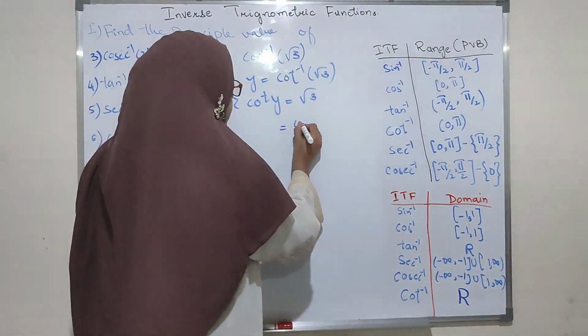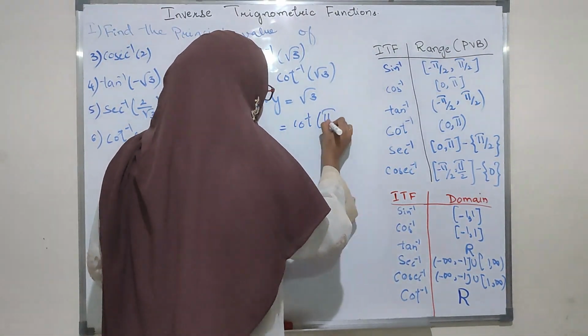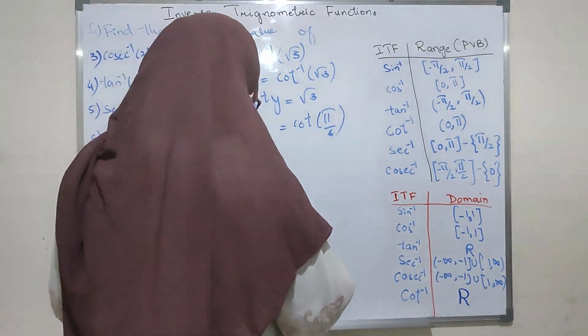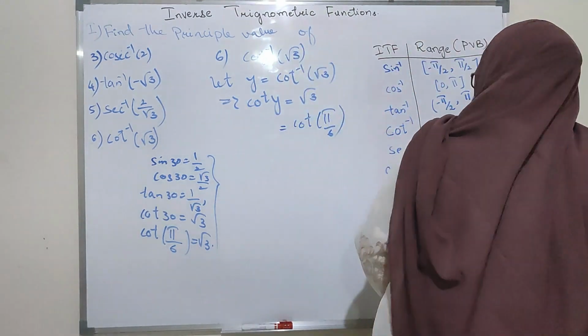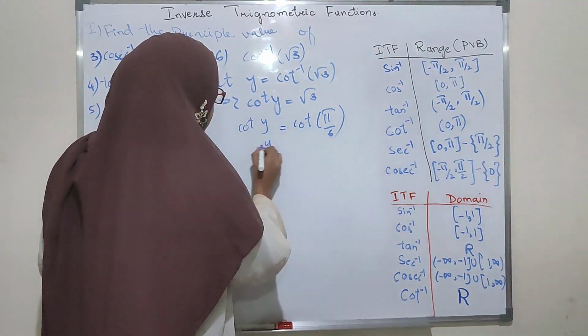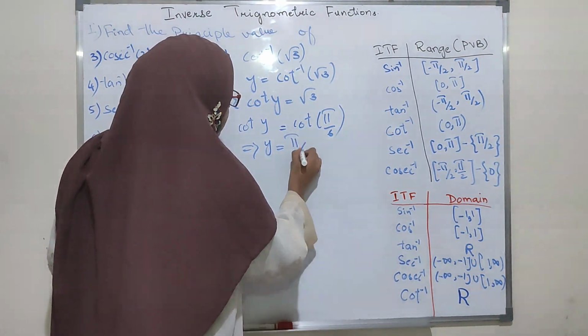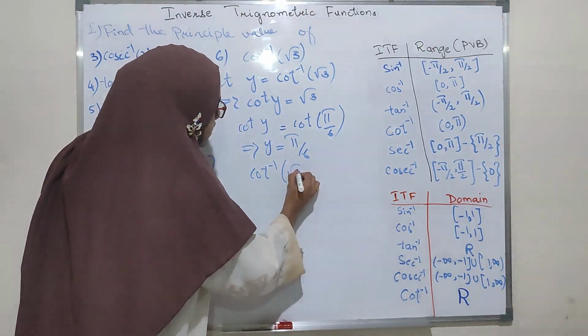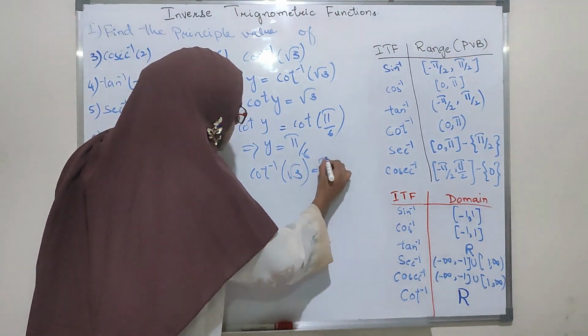So we can write cot of pi by 6. Here both sides cot get cancelled. What is remaining? y is equal to pi by 6, but we have taken y as cot inverse of root 3, so cot inverse of root 3 is equal to pi by 6.